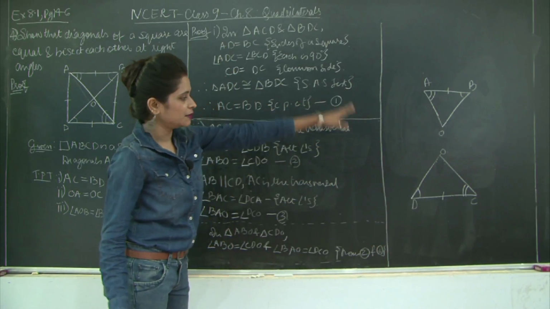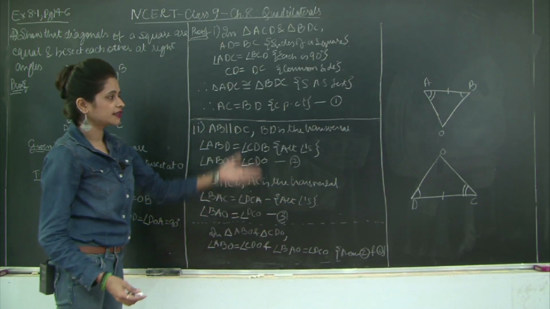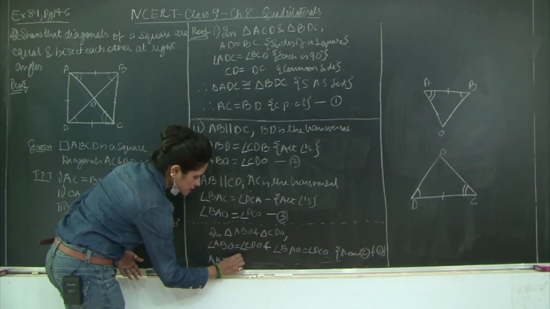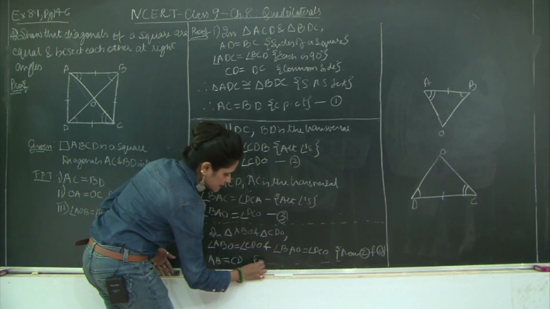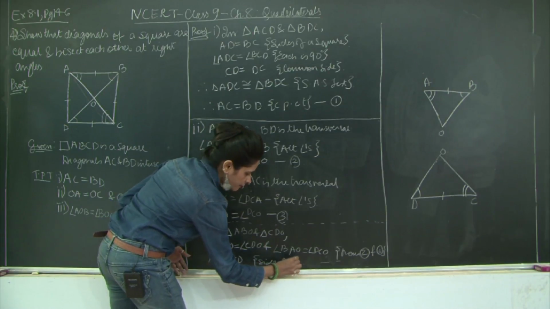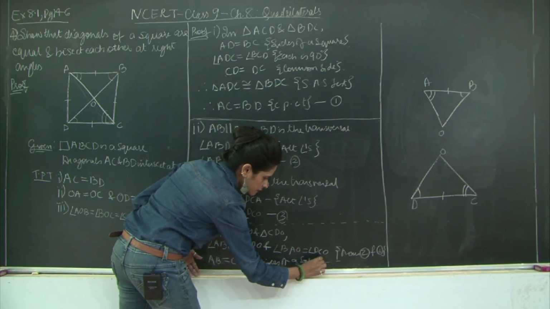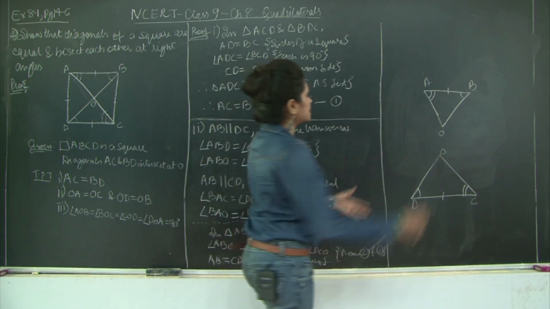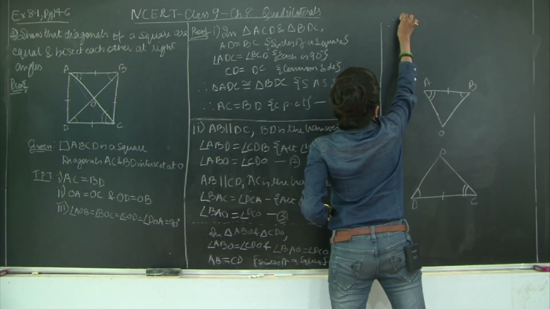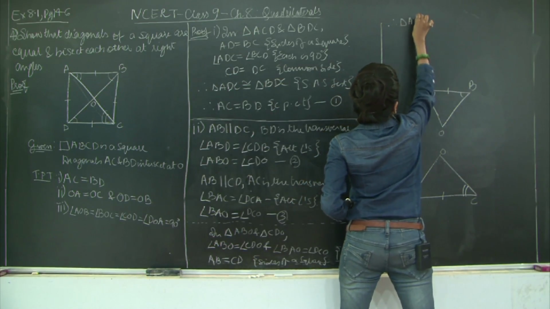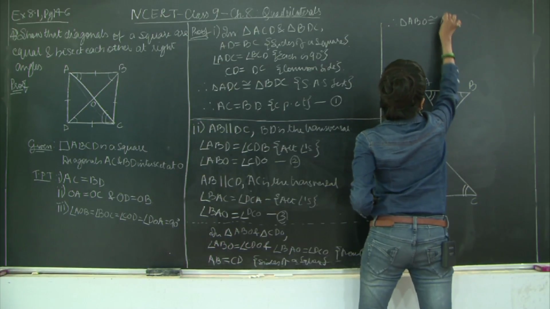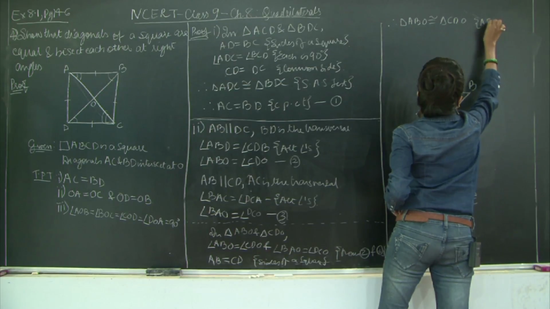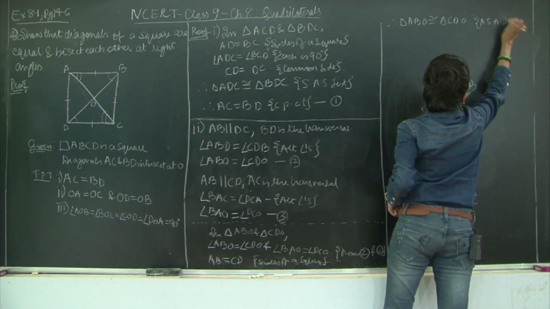Also, we will show that AB is equal to CD because they are the sides of a square. Therefore, let's write that triangle ABO is congruent to triangle CDO by the angle, side, angle test of congruence.